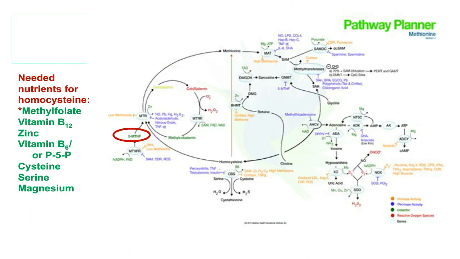So the very first, when we talk about homocysteine, you need methylfolate coming in, as you can see circled here in red, methylfolate coming up from the folate pathway into the MTR enzyme. There has to be adequate methylfolate coming up from MTHFR. If there are genetic polymorphisms of MTHFR, that can be bypassed by using a nutritional supplement with methylfolate in it.